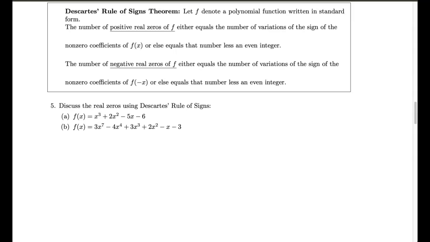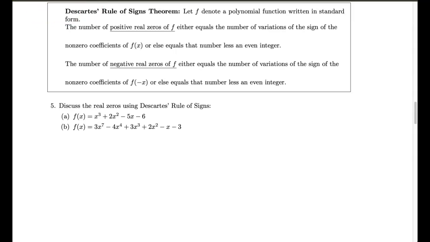Hi everybody, I want to talk about Descartes' rule of signs theorem. The purpose of it is that it can allow us to determine the possible number and location of our real zeros. What it relies upon is you count the sign changes in your polynomial by looking at the coefficients.